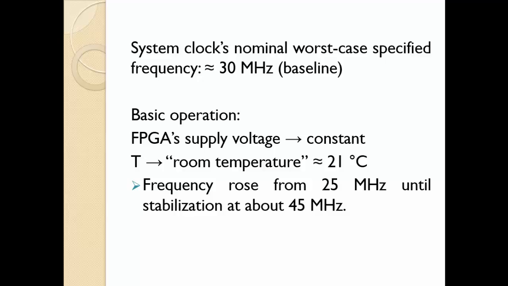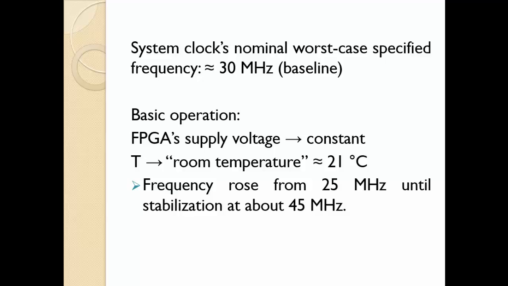The test computer system clock's normal maximum specified operating frequency is about 30 MHz. For this reason, and as we checked before, the unit could be expected to operate at this frequency under even worst-case conditions.